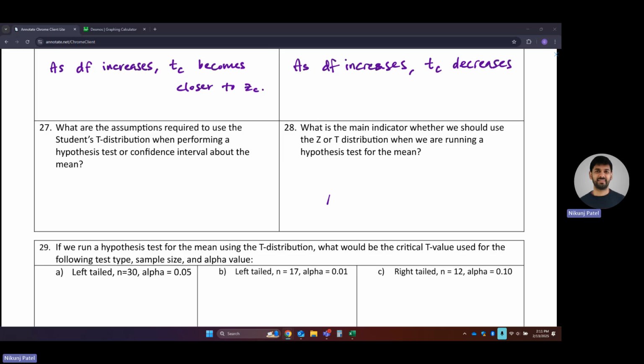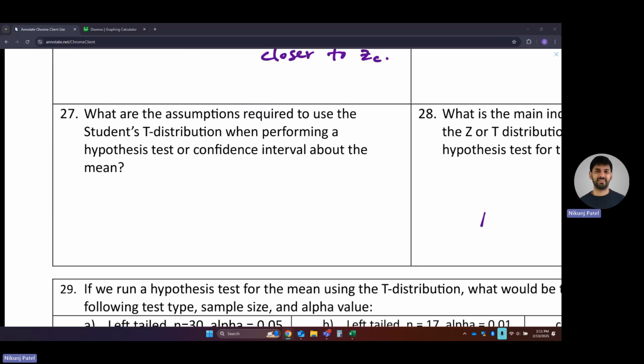Number 27 and 28 are asking about what assumptions are made when you're using a T value instead of a Z value. So for 27, we use a T value when the population standard deviation is unknown.